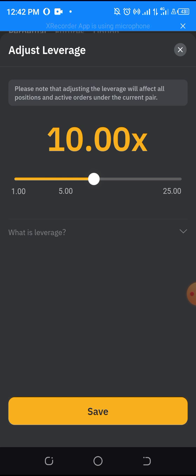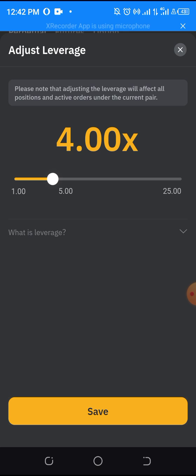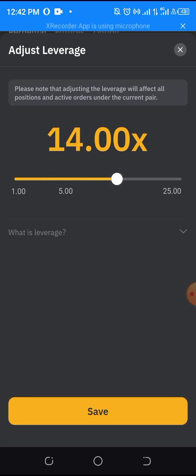So as you can see, I'm on 10x. If you're trading, use a reasonable leverage, from 3x to maybe 20x or 25x.